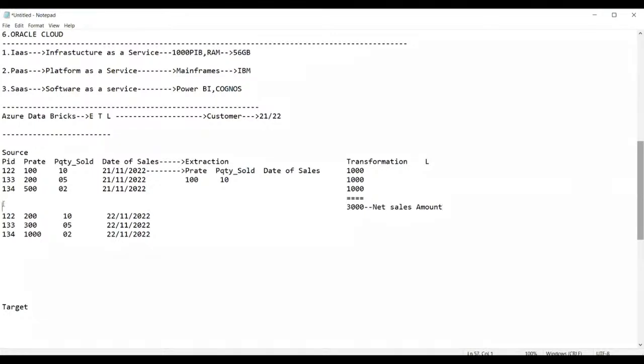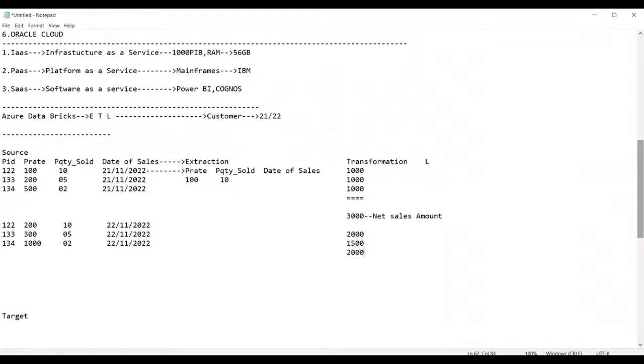For the 22nd day, 200 into 10 means 2000. 300 into 5 means 1500. 1000 into 2 means 2000. Now calculate the sum. 5500. Very good.